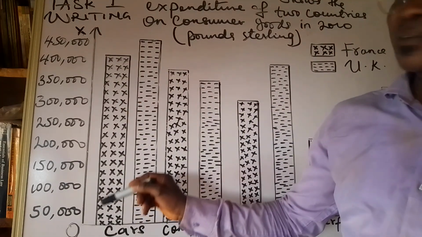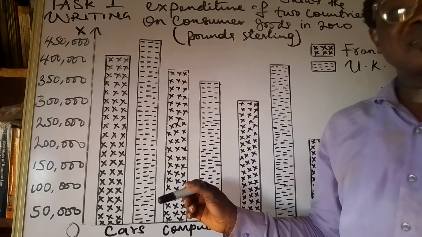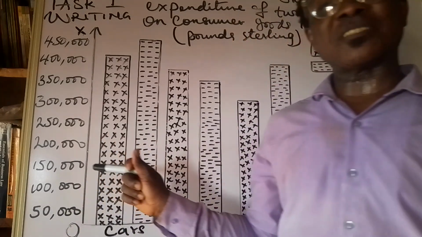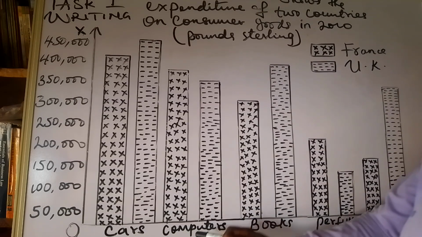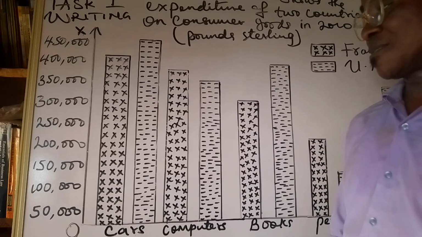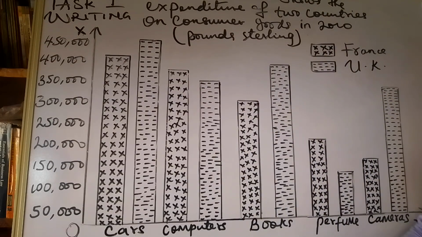The x-axis or vertical axis of an economic model contains the dependent variables. What are these variables dependent on? They are dependent on the values that are contained along the horizontal axis, that's the y-axis. These values are known as the independent variables. As you can see from this chart, the values we are talking about include cars, computers, books, perfume, and cameras.